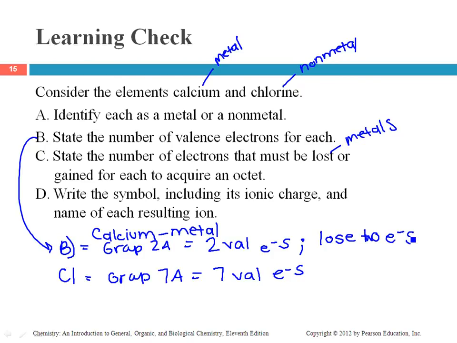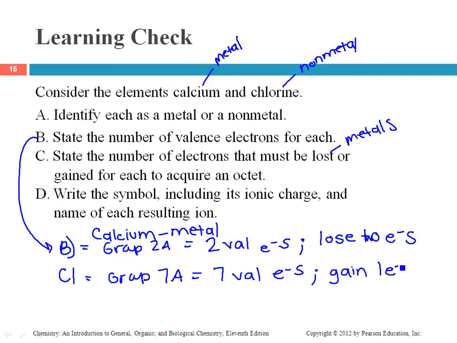For chlorine, we can't just look at the group number. We can see that it's in group 7, and it just needs 1 more electron to have a full octet, because it already has 7 and needs 8, so it would gain 1 electron.